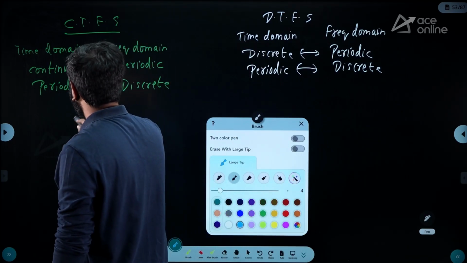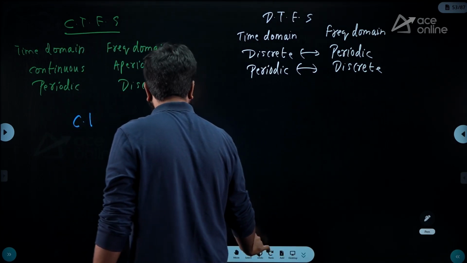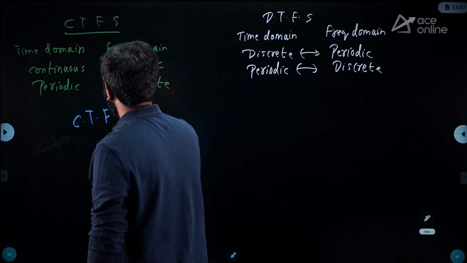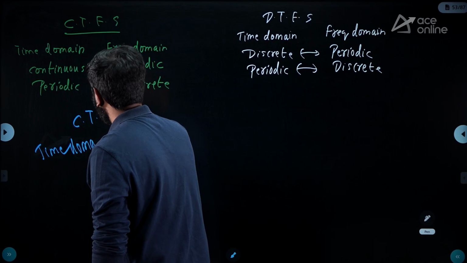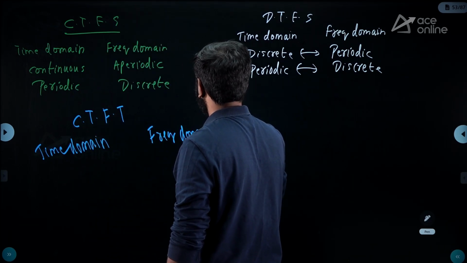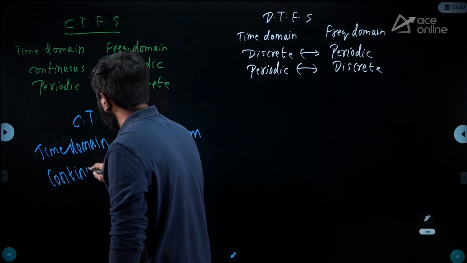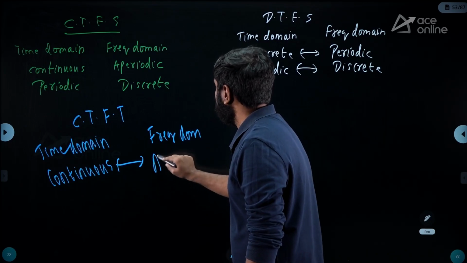in CT-FT, which we call Fourier transforms. So in the time domain, what happens? In the frequency domain, what happens? In the time domain, it's a continuous signal. So we know if it is continuous in one domain, this leads to aperiodic nature.